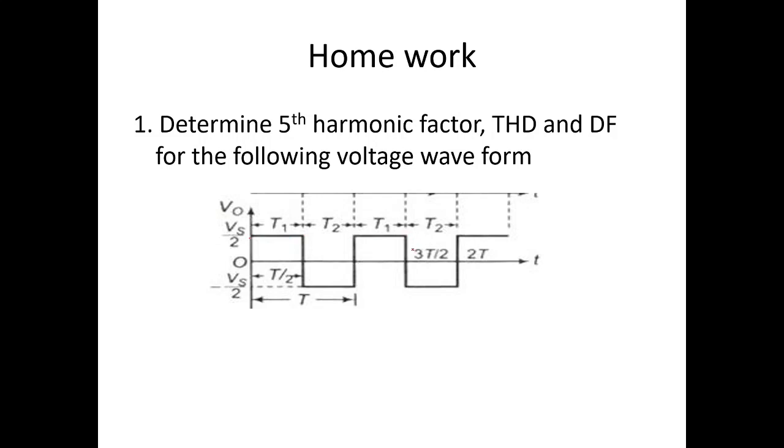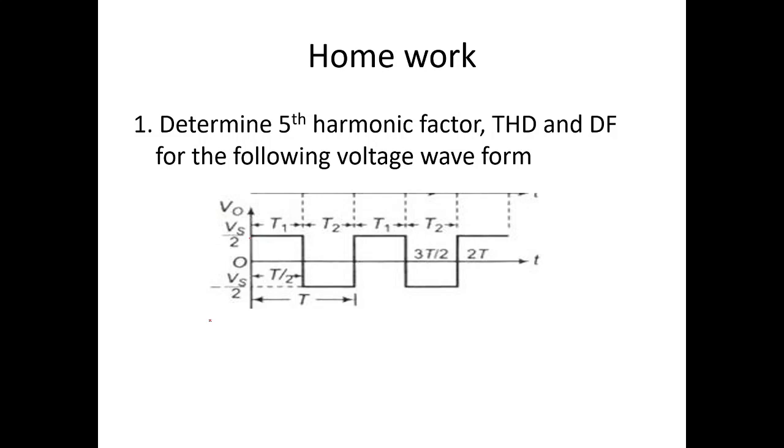For this I hope you can find out the Fourier series. From the Fourier series you can find out the RMS value of the fundamental component, the RMS value of all the harmonic components, and also the total RMS value of output voltage. If you know the RMS value of output voltage and the RMS value of fundamental voltage, you can compute all three factors.